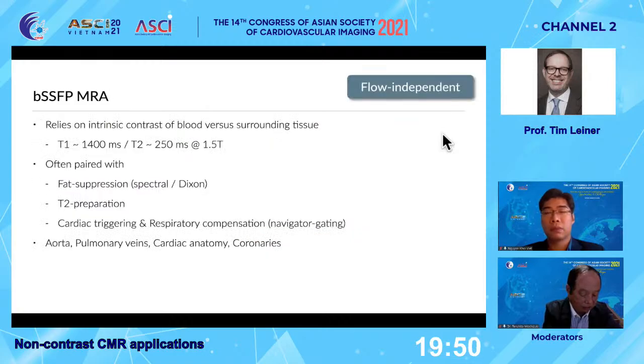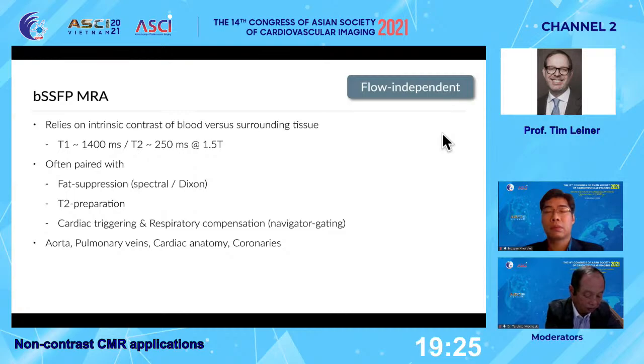So the flow-independent techniques, as mentioned, primarily in current clinical practice consist of balanced SSFP-based techniques. The premise of this technique is that it relies on intrinsic contrast of blood versus surrounding tissue. T1 of blood is 1400 milliseconds and T2 about 250 milliseconds at 1.5 Tesla.